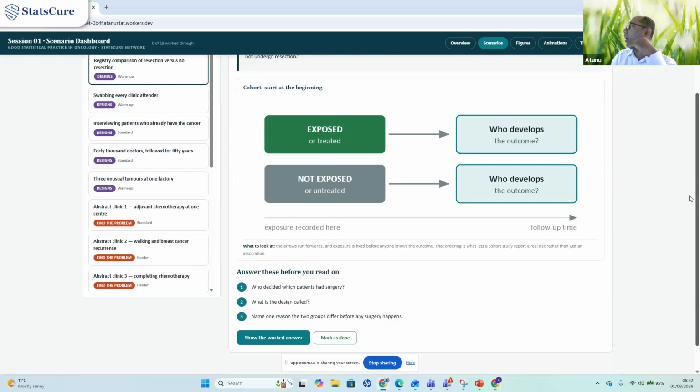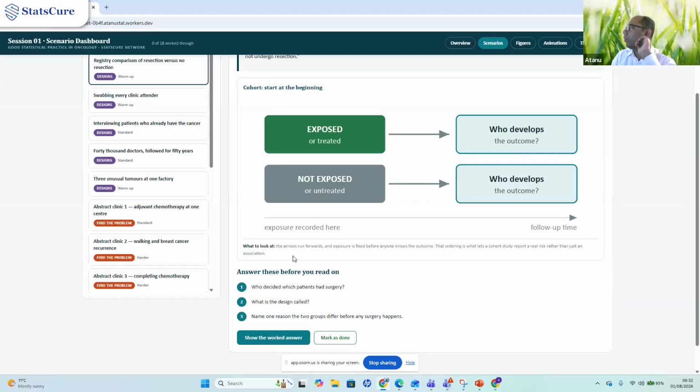The exposure is those who are treated, and then after the exposure treatment, they develop the outcome. Who develops the outcome, and non-exposure, those who are not treated, and then who develops the outcome. So that is a cohort follow-up study, and then we see what happened after a certain time. And then the question is what to look at.